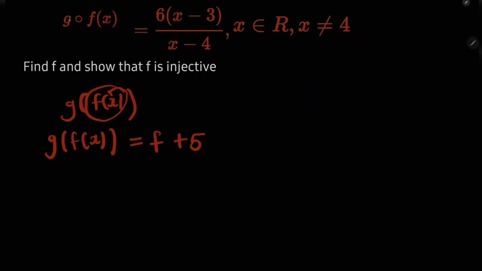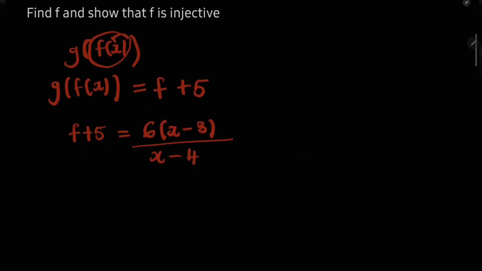But we have been given g of f of x, the function, so we are just going to equate this with this, since they are basically the same. So we are going to have f plus 5 equal to 6 into x minus 3 on x minus 4.